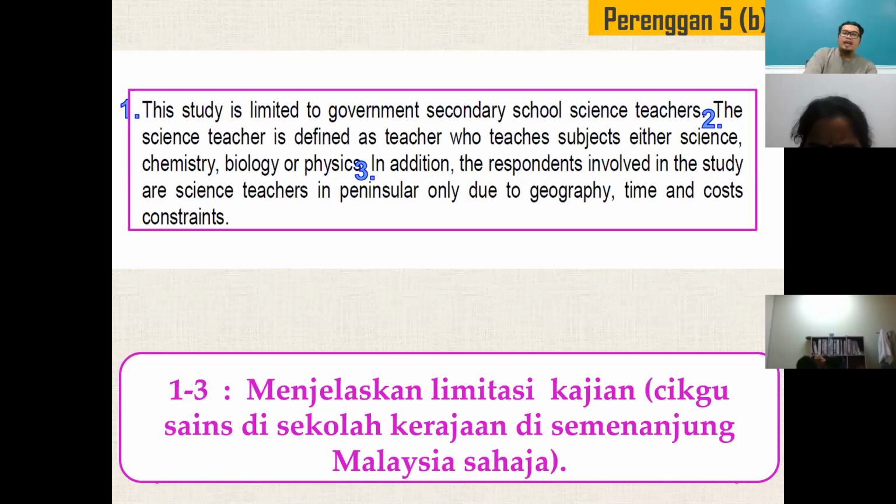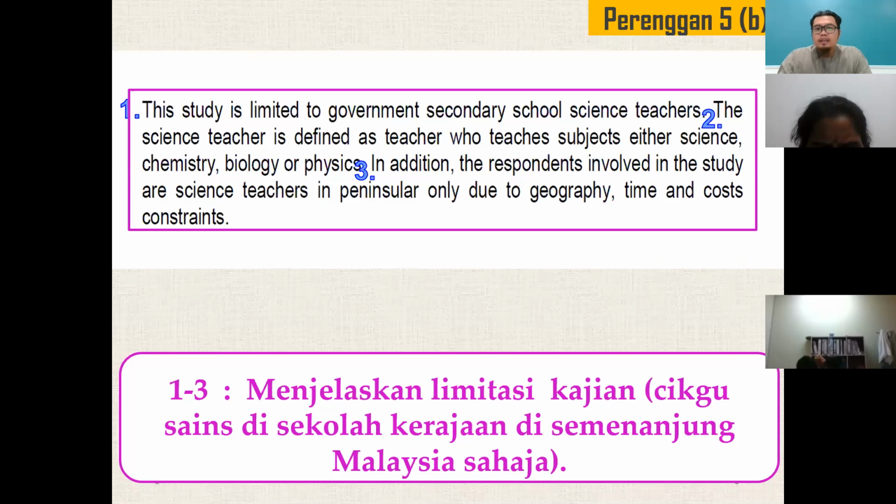Okay, and then they continue. This study is limited to government secondary school science teachers. The science teacher is defined as a teacher who teaches the subjects science, chemistry, biology, and physics.